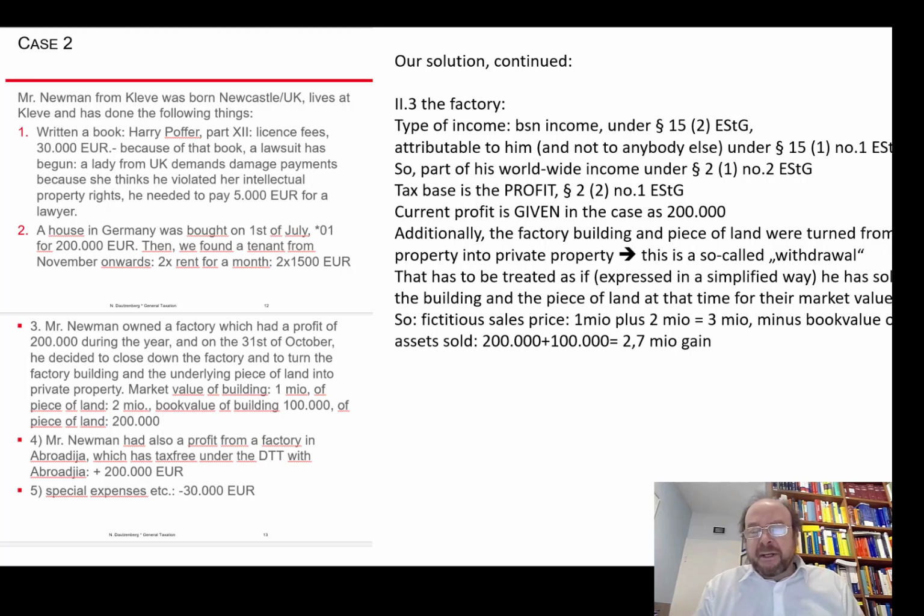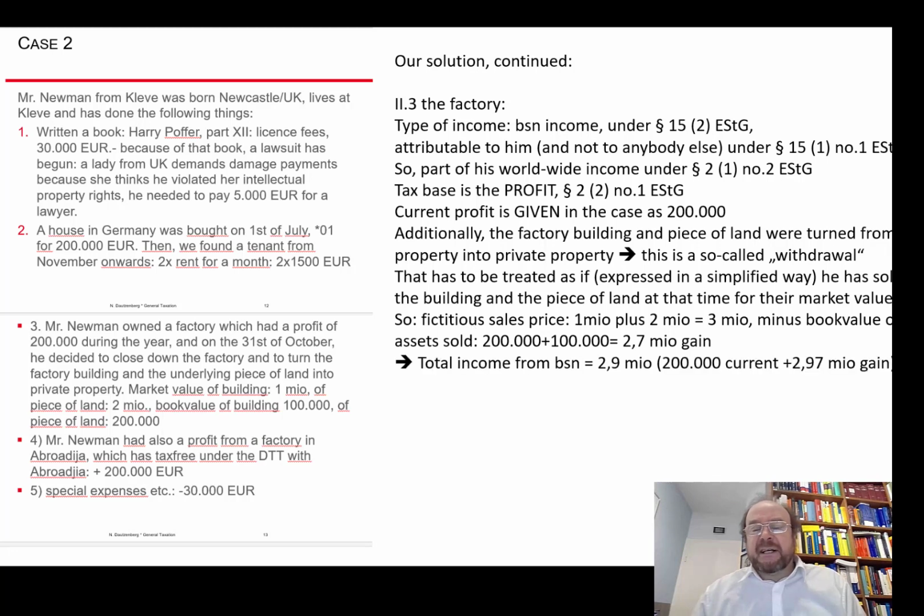Then, on the other hand, you would have to remove the assets from the books. So booking them out creates an expense in the form of the book value, which you remove, 300,000 here. So the net gain from the withdrawal is 2.7.